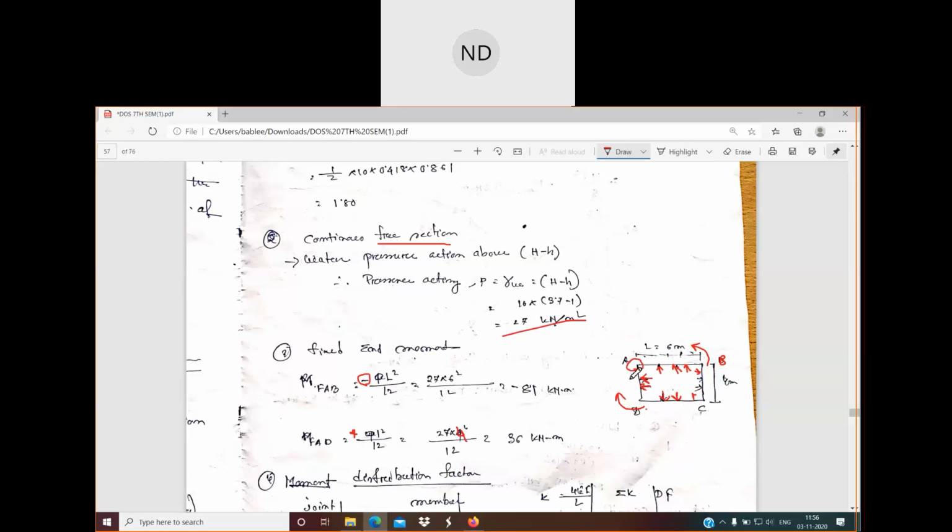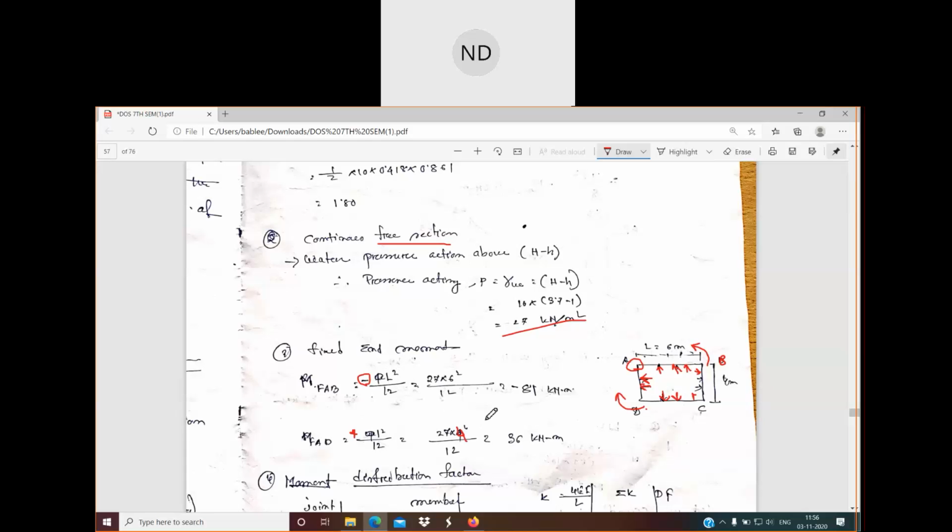Now here you see the fixed moment. I said FAB is a fixed moment, keeping your A fixed and B movable. So this is moving anti-clockwise, therefore the moment is negative, and this is clockwise, so the moment FAD is positive.